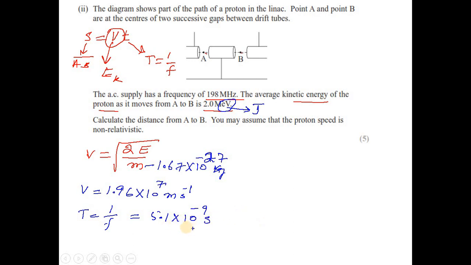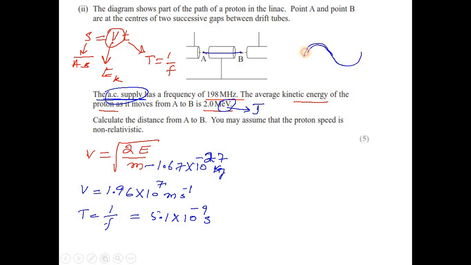As I told you, the speed stays the same between A and B. Another important point, just wait, because they are saying we have an AC supply. That means as the particle is traveling from A to B, the cycle is not changing, because the AC supply has a cycle.